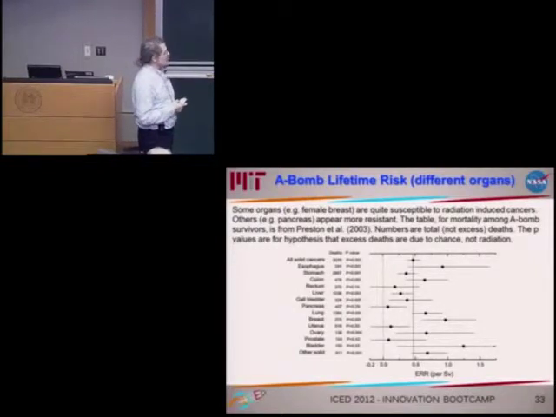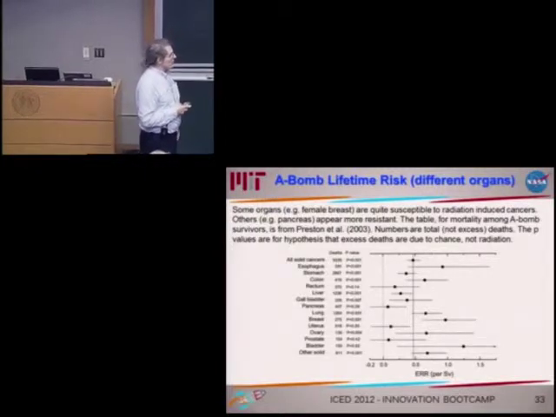So statistically, what do we see? Okay, well, if you look at these solid cancers, these are from the A-bomb data from work by Preston. We see there's a lot of organ specificity in cancer generation.